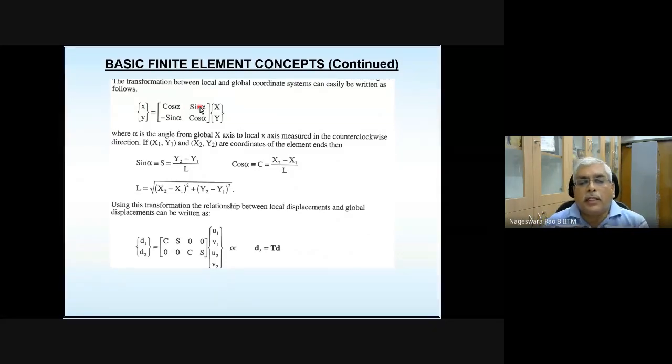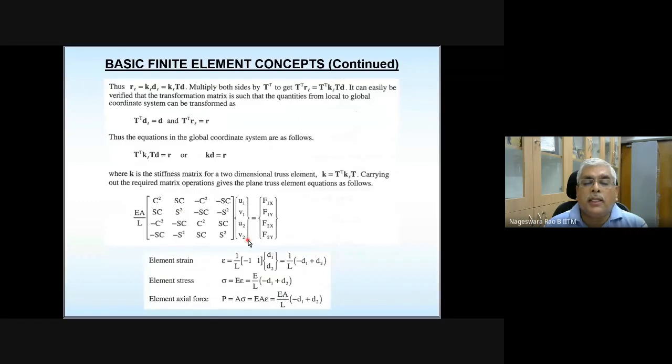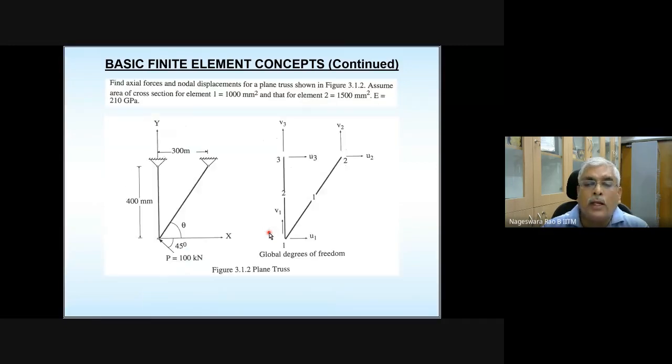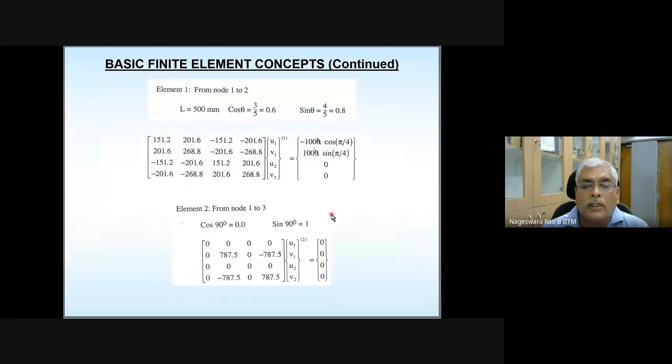I explained in detail how to get these components and then how to get this transformation matrix, and finally how this element equation system is arrived at. And we also looked at one example consisting of two elements. The detailed workout is given for that example.